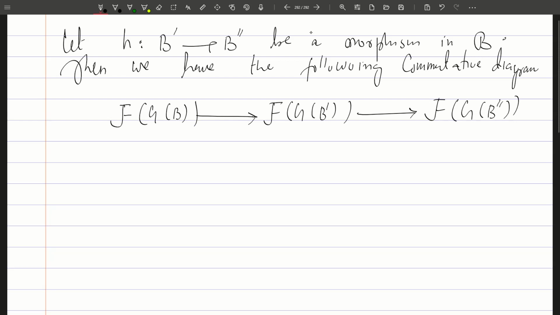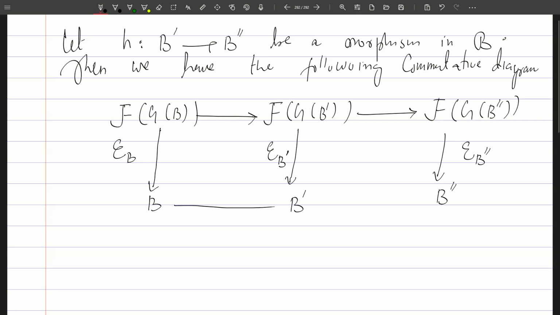For these objects we have a morphism epsilon sub B to the object B, epsilon sub B prime to the object B prime, and epsilon sub B double prime to the object B double prime, and here this is the map g, this is the map h.